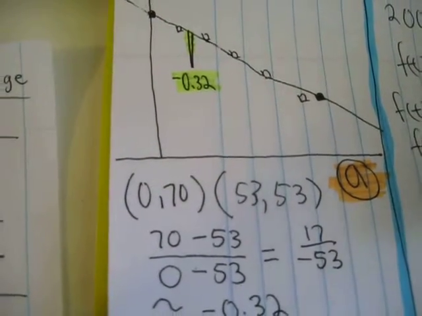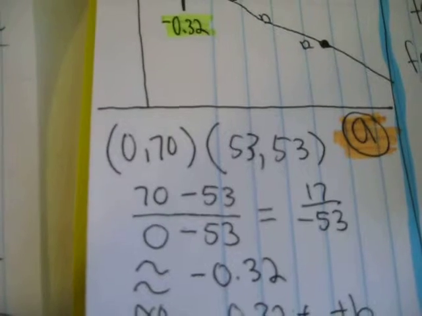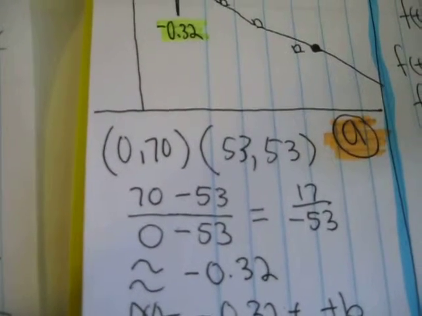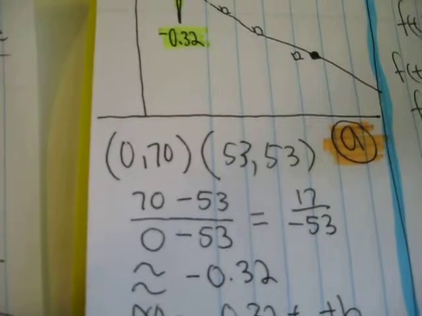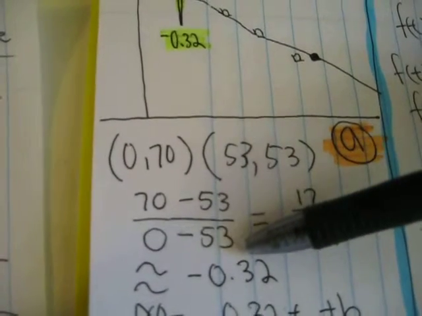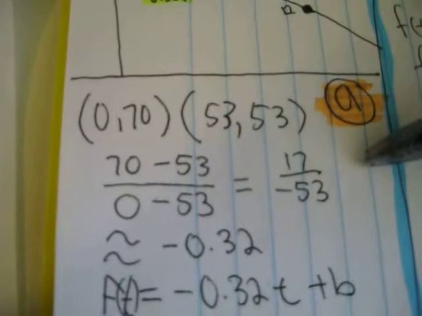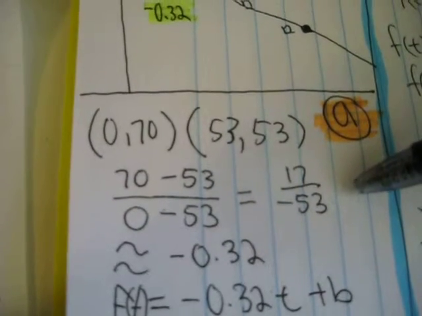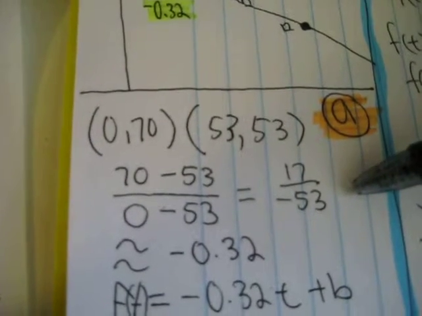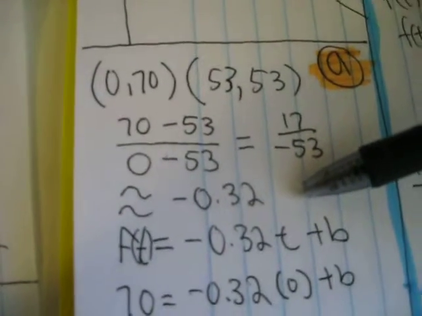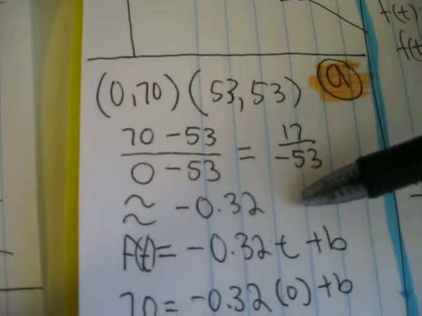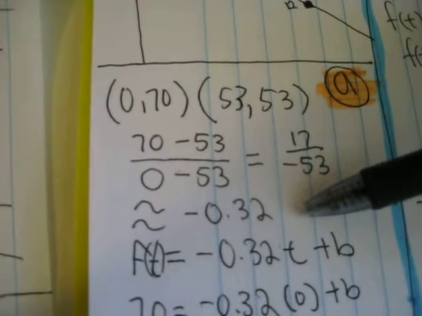So to get the slope, we use the formula of y1 minus y2 divided by x1 minus x2, which will give us 17 over negative 53. And if we divide that, we'll get approximately negative 0.32.